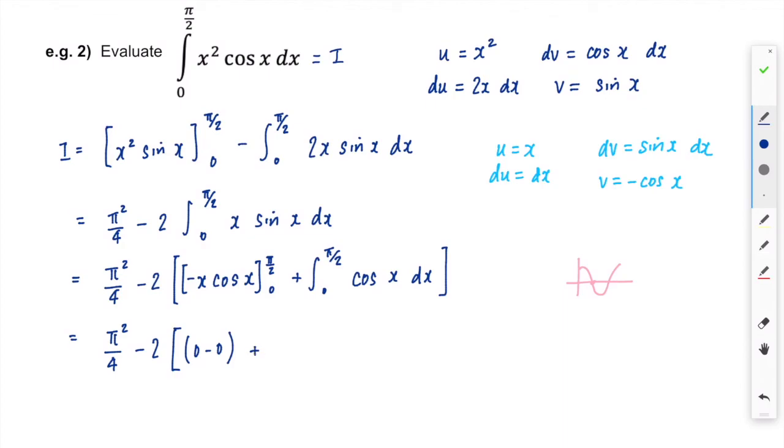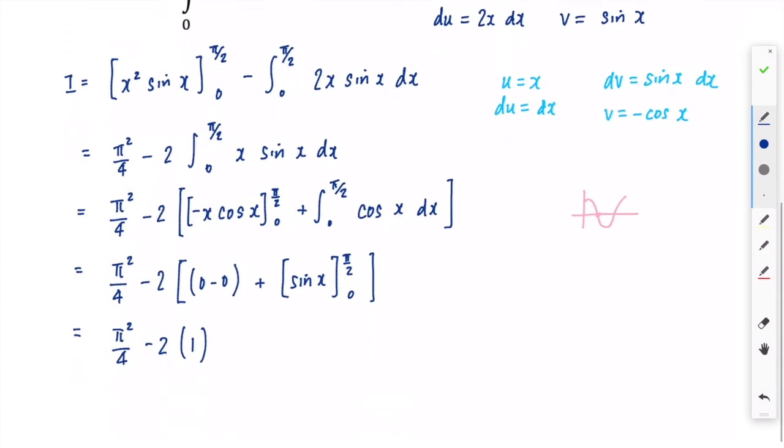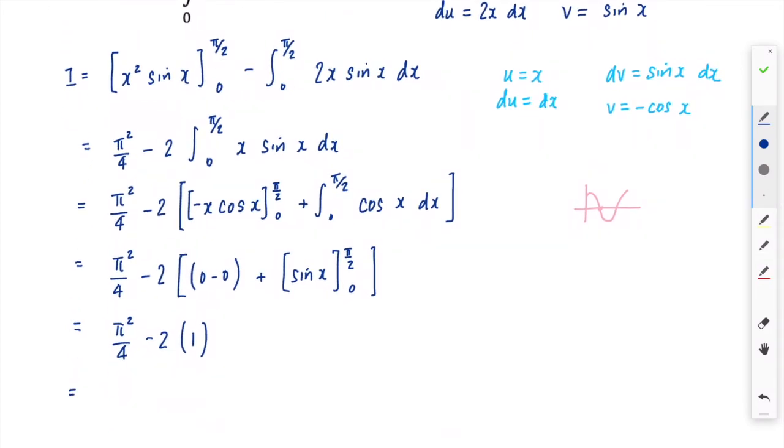Plus, this is cosine x, the integral is sine x. We will be evaluating from 0 to pi over 2. So what does that give us? Minus 2 times: sine pi over 2 is 1, sine 0 is 0, so this is really 1. And I can write this as a single rational expression, pi squared minus 8 over 4.